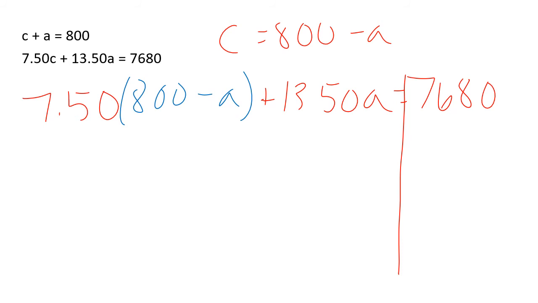So this should look more and more familiar to you guys. I need to take 7.50 and distribute it through the quantity of 800 minus A. So I do 7.5 times 800, and that becomes 6,000.